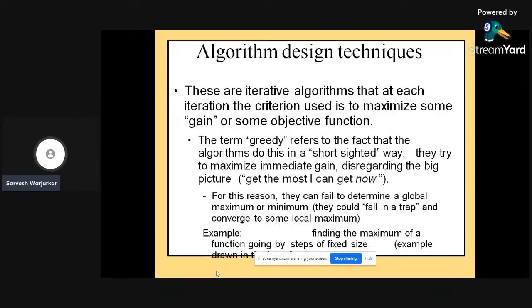The whole picture may be very big, but they divide it into parts, and then they can fail to determine a global maximum or minimum, and may end up with some local maximum instead.